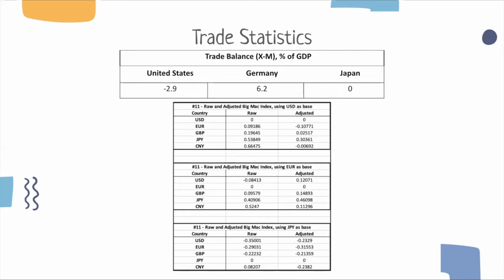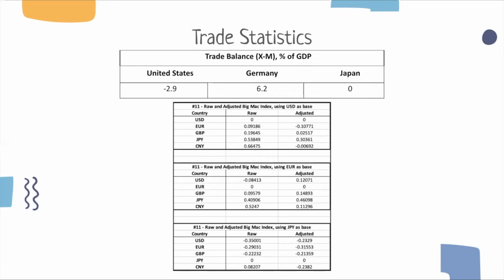And then another value that I thought was really interesting looking at this project was the Big Mac index. So for all of these countries, if you look at the United States, you can see that it's undervalued compared to the euro and the CNY, and it's overvalued compared to the Great British Pound and the Japanese yen.